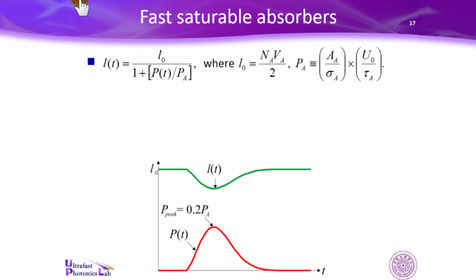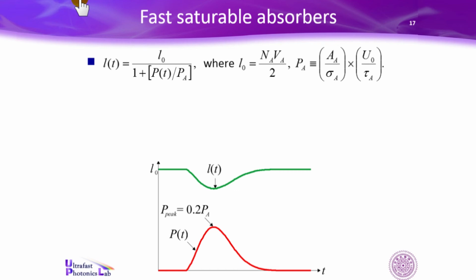PA is the saturation power of this absorber. Okay? And the L0 formula is here. If you see N sub A, it means all the electrons are on the ground state. So the loss is highest, the small signal loss. The saturation power's formula is here.